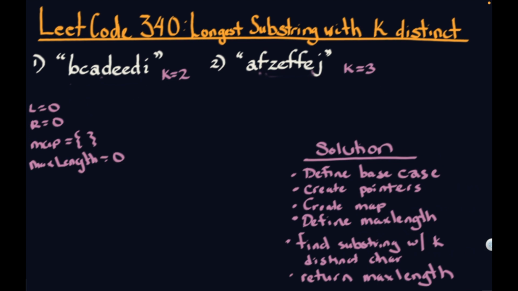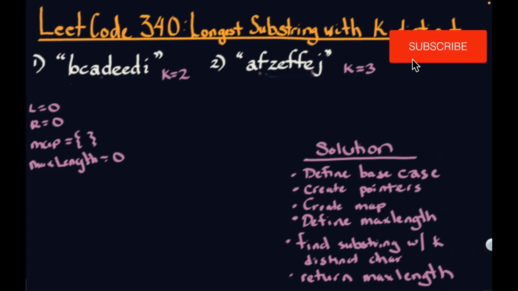So to explain that intuition a little bit more, just think of it like this. While we're doing this, we add the distinct characters to the map, or subtract those characters, depending on whether we meet our condition or not. And afterwards, using the max length variable, we check to see if that's the maximum length that we've encountered so far for the specified k amount of characters, right? So every k character needs an entry in the map.